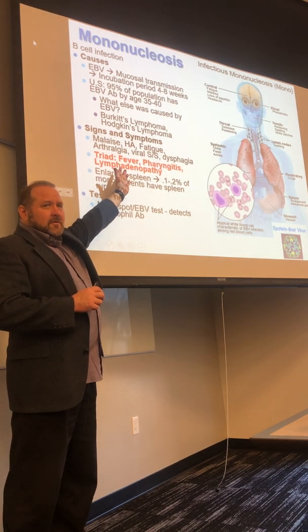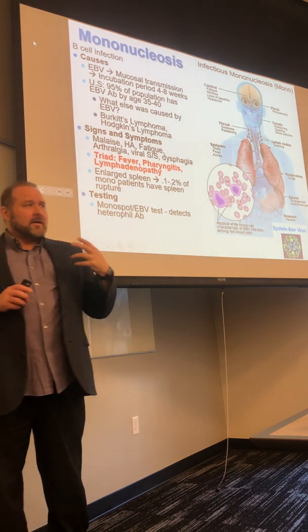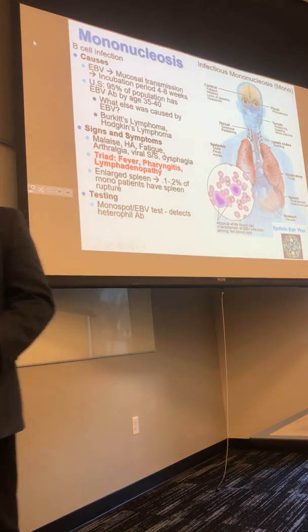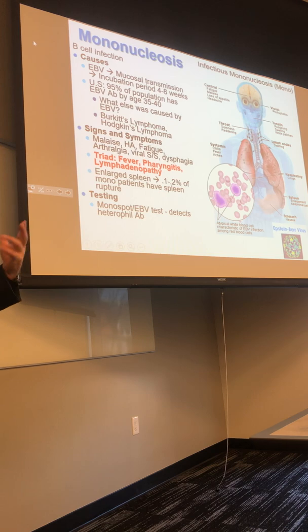So this is one of the things you should remember as a triad, a big buzzword, big buzz phrase, for mono, not so much strep. I didn't make the rules, I'm just passing it along. So yes, it is possible to have it in strep, but if I have to guess, I'm guessing mono. Cool?